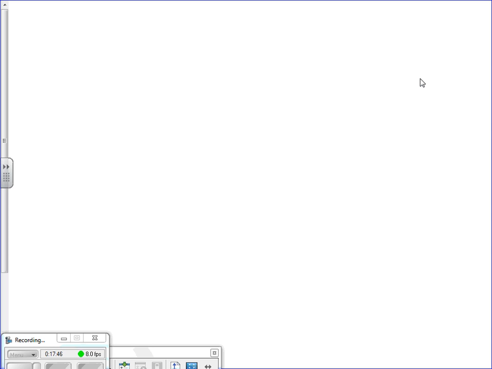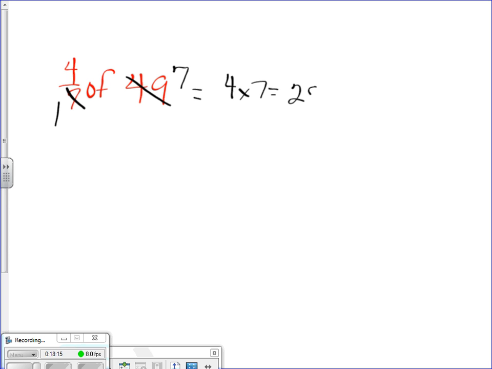Number 8. In a room of 49 people, 4/7 of them are girls. How many boys are in the room? So 4/7 of 49. So you've got 1/7, 4 times 7 equals 28.